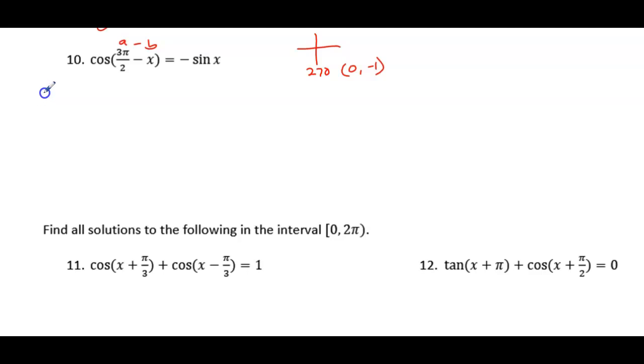So we're going to have cosine of 3 pi over 2, cosine of B, plus sine of A, sine of B. That should equal negative sine of X.